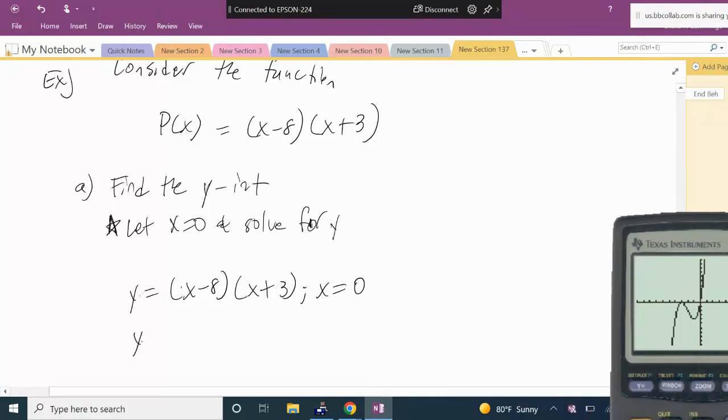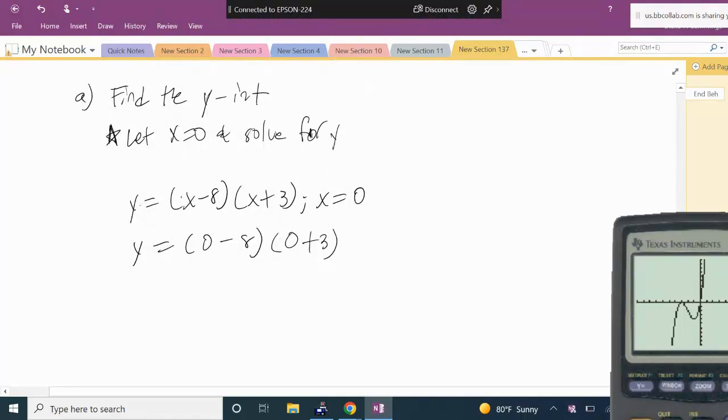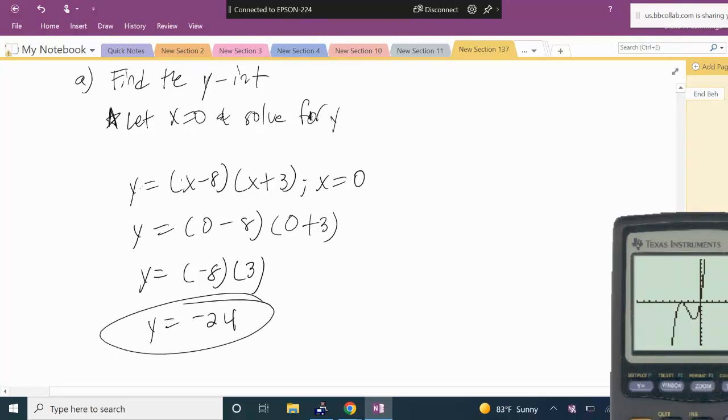So wherever I see an X, I'm going to substitute a 0. So Y is equal to 0 minus 8 times 0 plus 3. So 0 minus 8 is negative 8. Notice I'm still keeping my parentheses. 0 plus 3 is 3. Negative 8 times 3 is negative 24. All right, so the Y-intercept is negative 24.